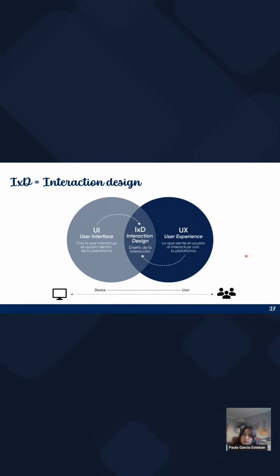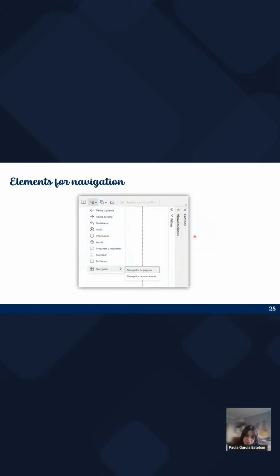And it's where we need to know a little bit or some concepts about user interface and UX, and this is what I'm trying to introduce a little bit today, but without missing the focus on the design systems. Why do I say that? Because we need elements for navigation, and it's a key part also of our design system.